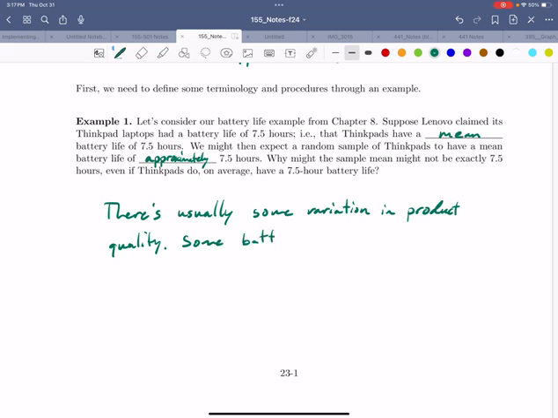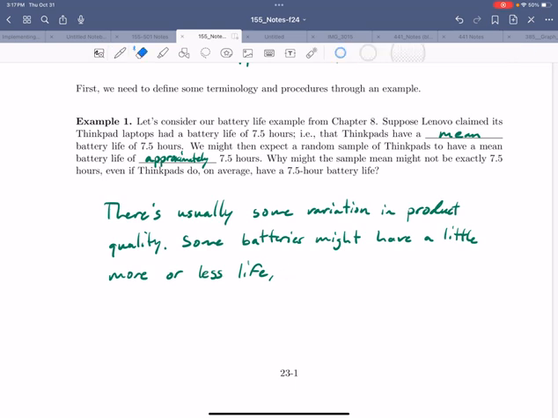Some batteries might have a little more or less life, just based on random variation in manufacturing.